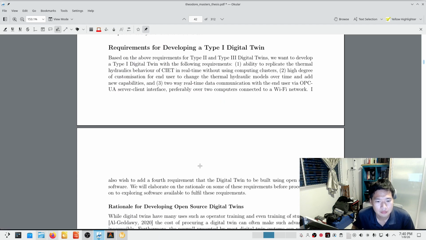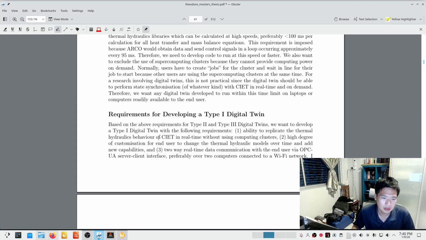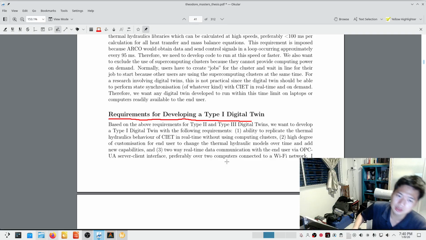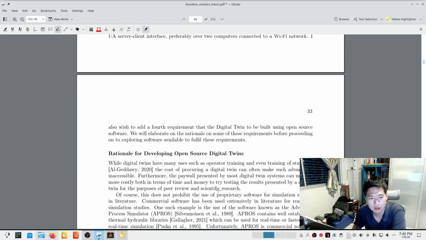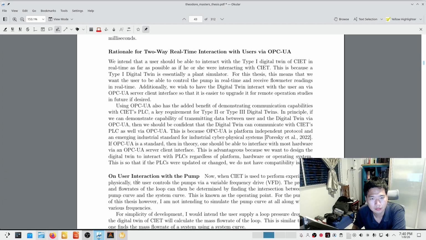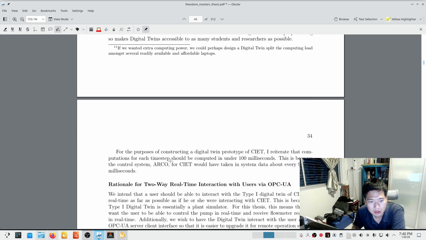The thing about the requirements is that the calculations for CIET must be extremely fast. How fast? From CIET itself, the control system actually refreshes itself every 95 to 100 milliseconds, which is about 0.1 seconds.